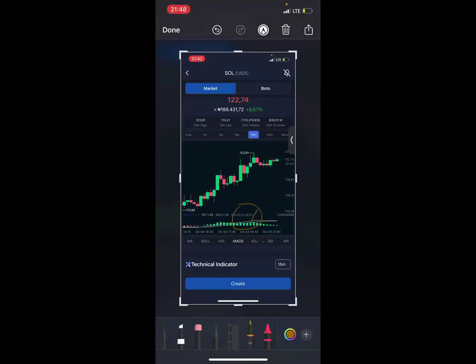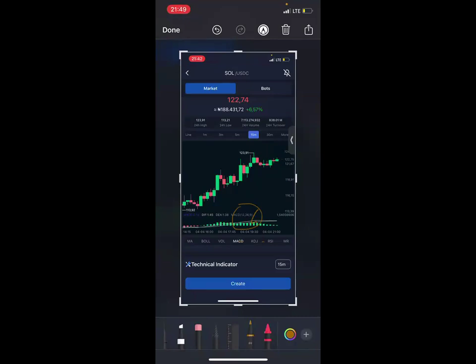The greener part here, which I still have indicated. And when there is downward momentum, it's represented with the histogram in red. Then we also have the golden cross, which is the signal lines, right? So when we see that there's a cross of both.